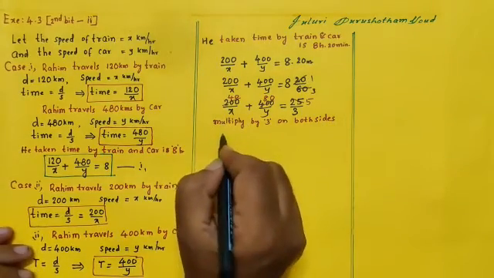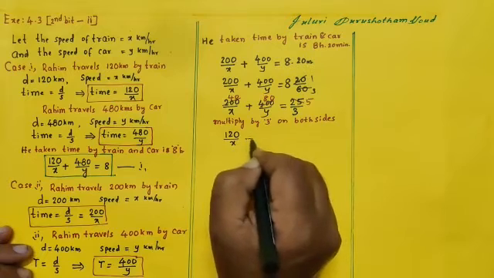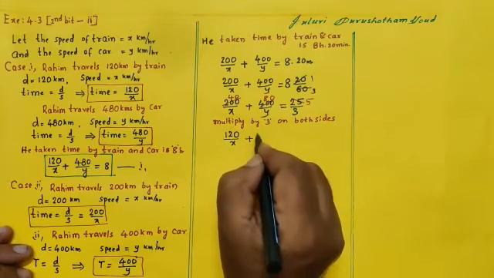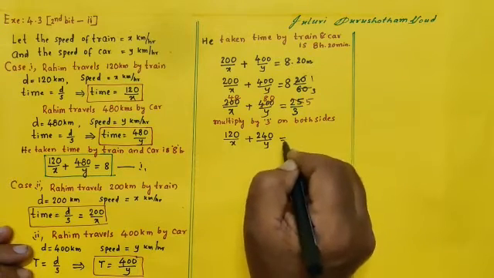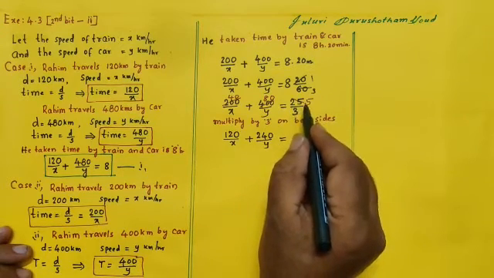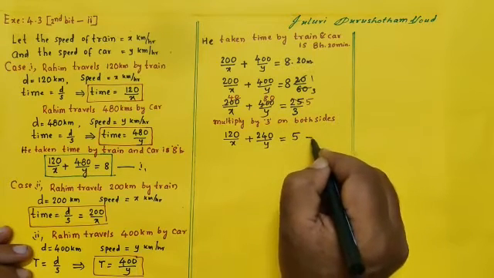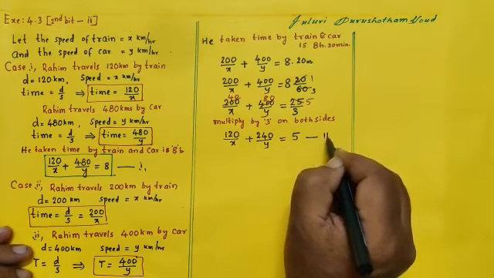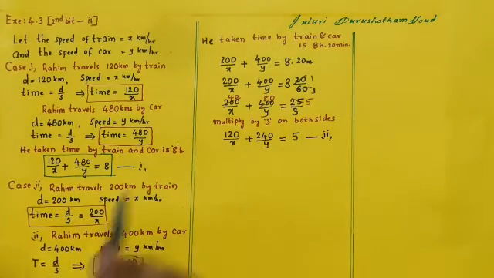If we multiply by 3, what do we get? 3 40s are 120 by x plus 3 80s are 240 by y, equal to 3 into 25 by 3, where the 3s cancel, we get 25. This we treat as the second equation. Now this is the first equation, this is the second equation.